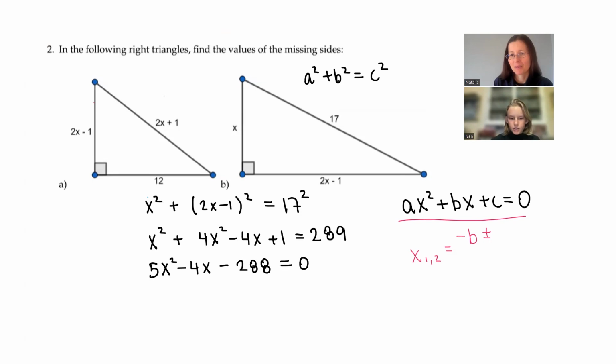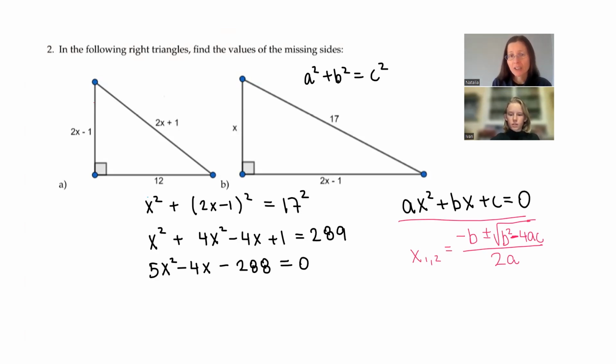Remember how the formula goes? Negative B plus or minus the square root of B squared minus 4AC. So this is one of the few things that we have to memorize. I don't really have any good mnemonic for this. So negative B plus or minus the square root of B squared minus 4AC, over 2A.